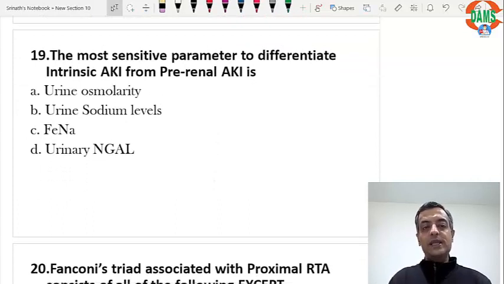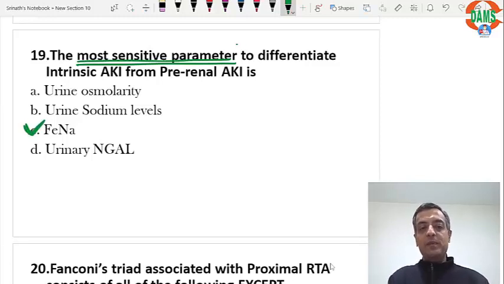The most sensitive parameter to differentiate between intrinsic and pre-renal AKI is FeNa.